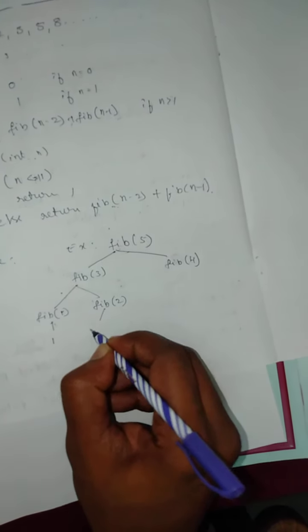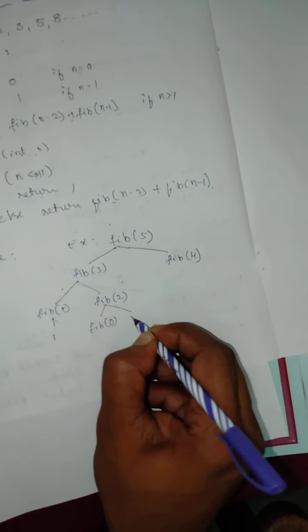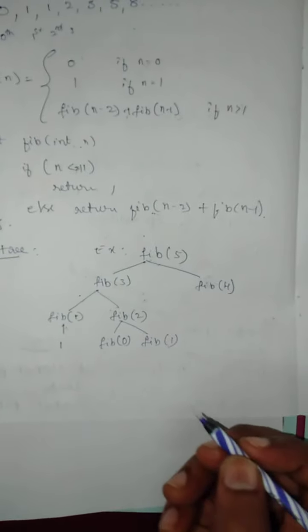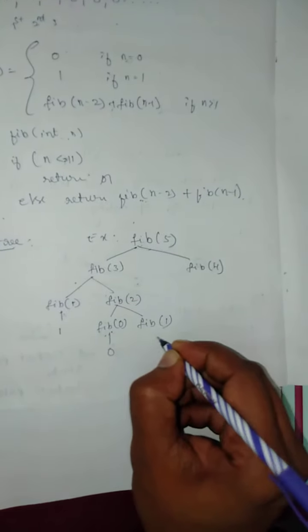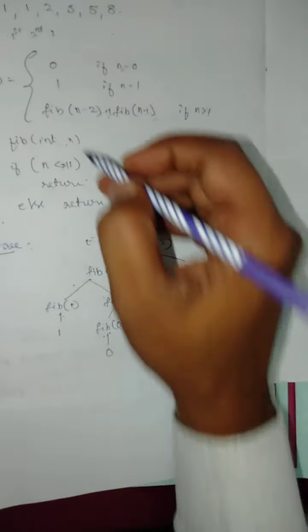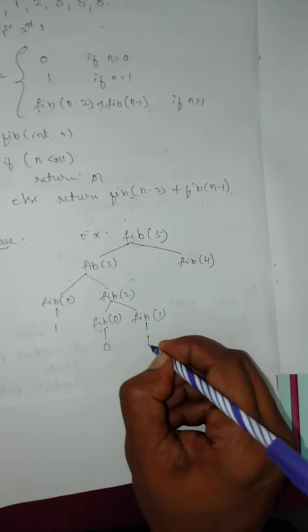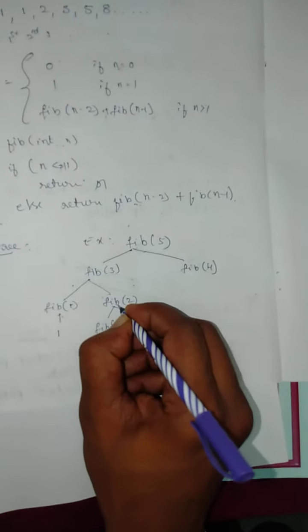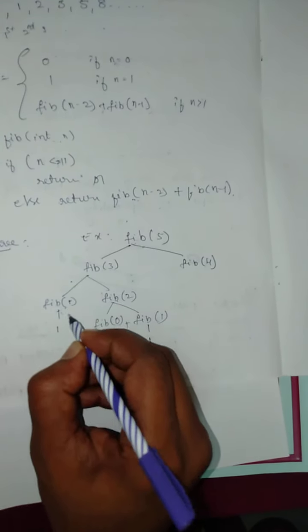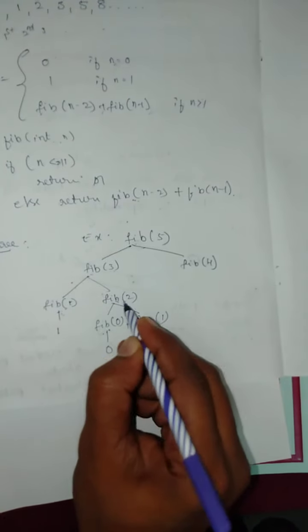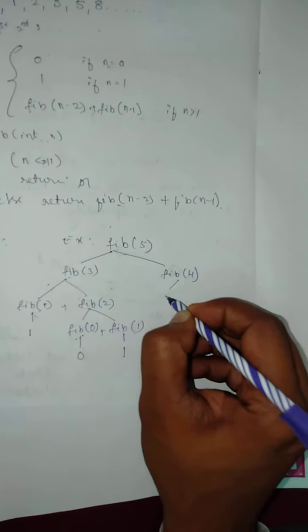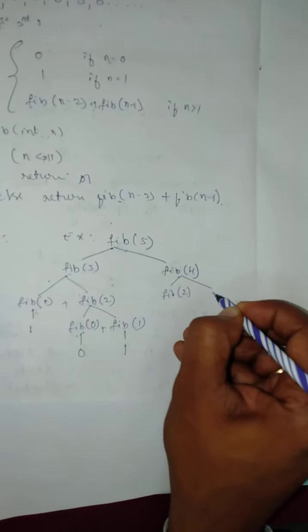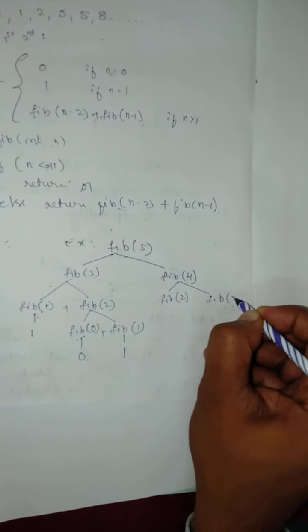the value is 1. So fib of 2 again calls fib of 0 and fib of 1, correct. Next, fib of 0 returns the value of n, which is nothing but 0, and fib of 1 returns the value of n, that is nothing but 1. So 0 plus 1, now return to fib of 2, correct. Then fib of 1 returns 1, therefore fib of 3 is nothing but 1 plus 2, and so on. Similarly on the right hand side, fib of 4 calls fib of 2 and fib of 3.